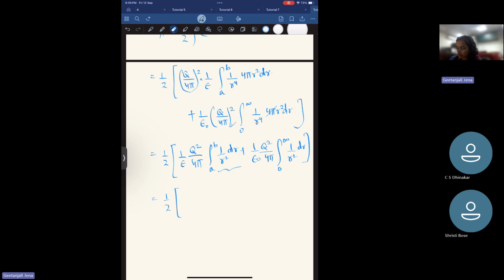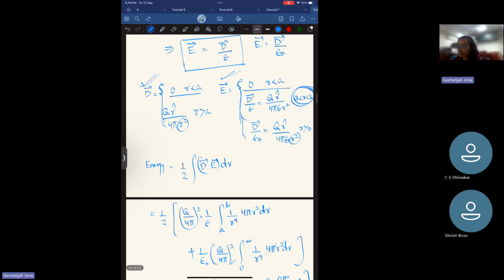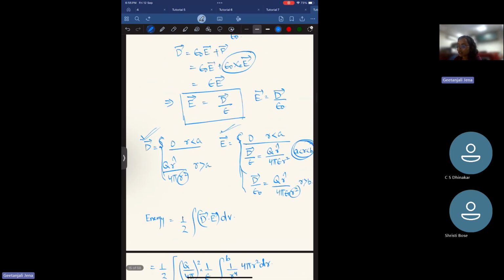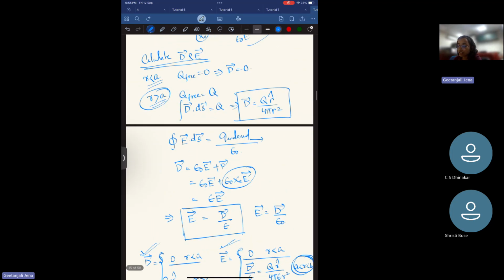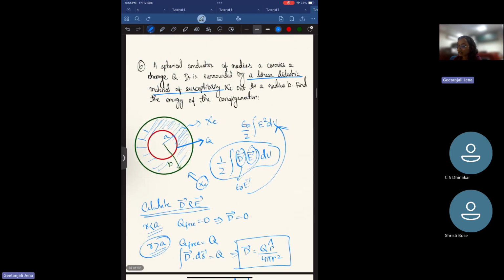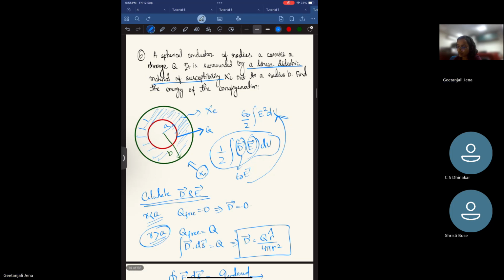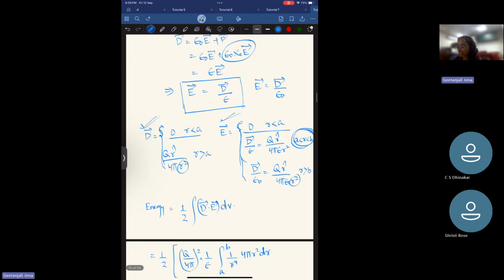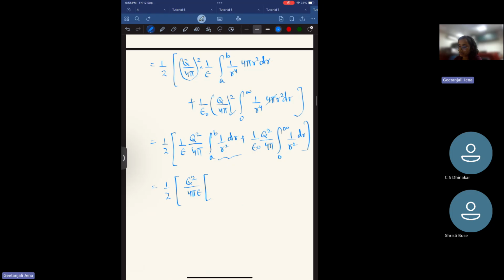Let me write this as Q square by 4 pi epsilon, minus 1 by r, 0 to infinity. It's like you are finding the energy of this configuration, right? So that is why we are taking over all the space. What is the energy? So that is why we take 0 to infinity.